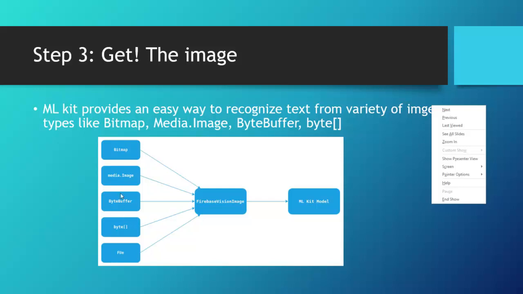It supports them, and it goes to the Firebase vision image, and then goes to the ML Kit model. Like that, every image comes under the Firebase vision image module. Now it will be analyzed, and this image will be fed to the ML Kit model.